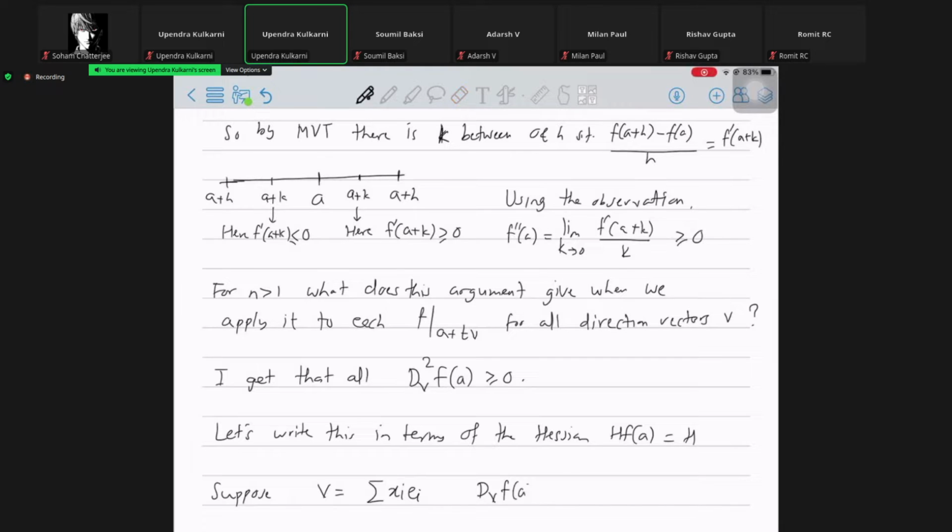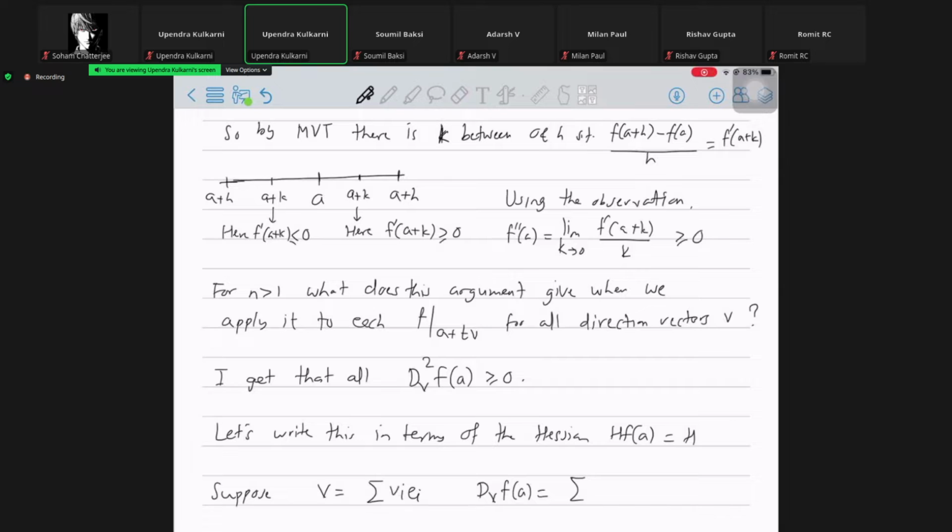But this is going to hold in a neighborhood, right? Remember that v is a linear combination. The function is differentiable. It is double differentiable at that point, so it's differentiable in a neighborhood. Total derivative exists means every directional derivative is going to be a linear combination of the partial derivatives with the same weights. So what is the formula for this? In fact, let's not use xi because xi are my variables.